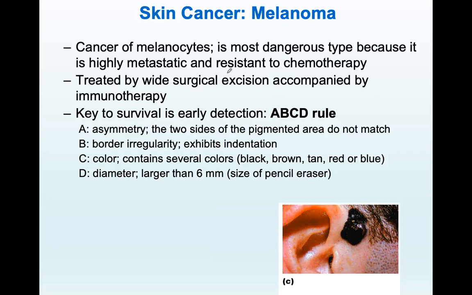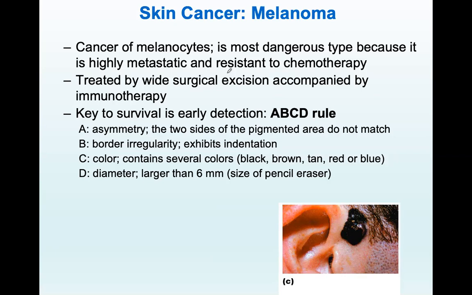Why is melanoma so horrible? Two main reasons. First, it metastasizes super rapidly to the rest of the body. You don't really think about a skin cancer as something that can cause havoc in your body, but this can, and it's very unfortunate. The second one, it's very resistant to the typical treatment for cancer.